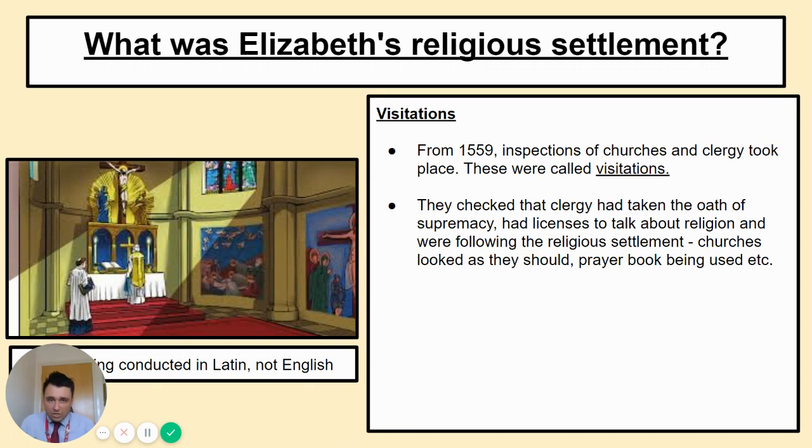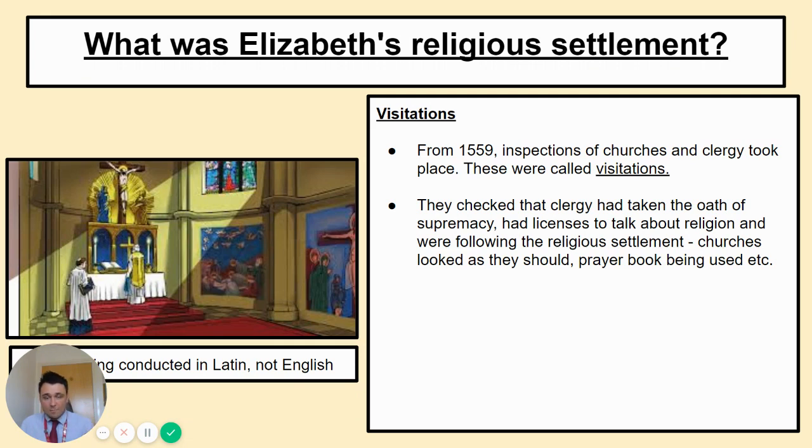So Elizabeth was sending people to go to churches to make sure they were doing as she had said, to make sure that the Bible was in English, to make sure there was a crucifix in every church, to make sure that the priests and the other clergy members were wearing robes, to make sure that they were telling the people that Elizabeth was in charge of the church. So they would check for licenses as well. And let's look at this picture there, where it should say a service being conducted in Latin, not English.